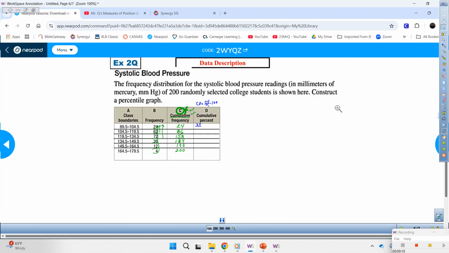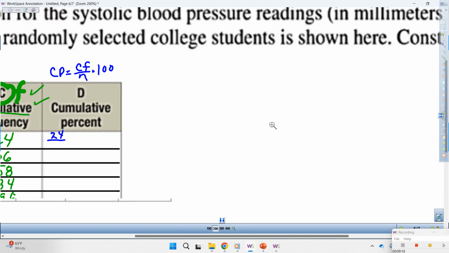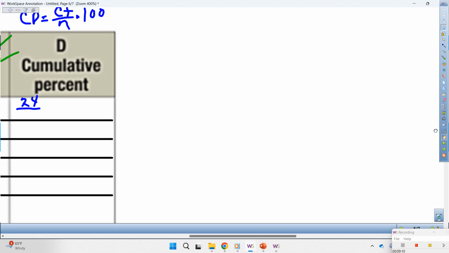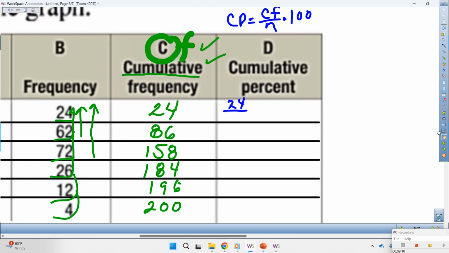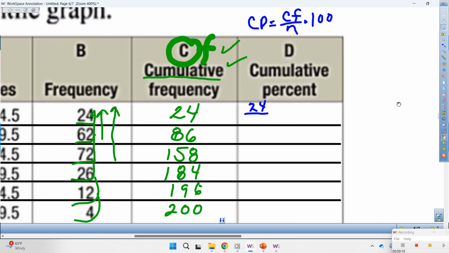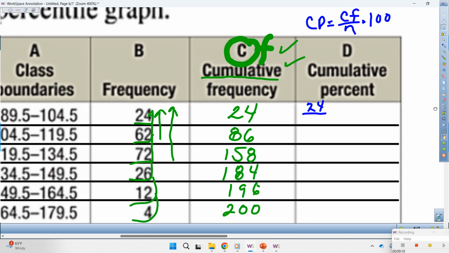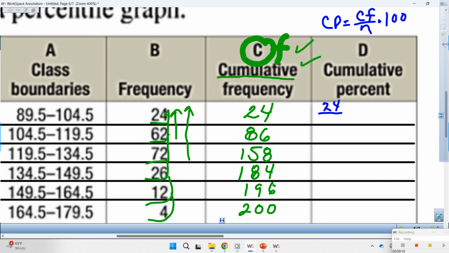It says, of 200 randomly selected college students, therefore N is what, everyone? 200, that is correct. So, here it goes. 24 divided by 200 times 100. Calculators calculate. What is that percent, please? 12%? All right.